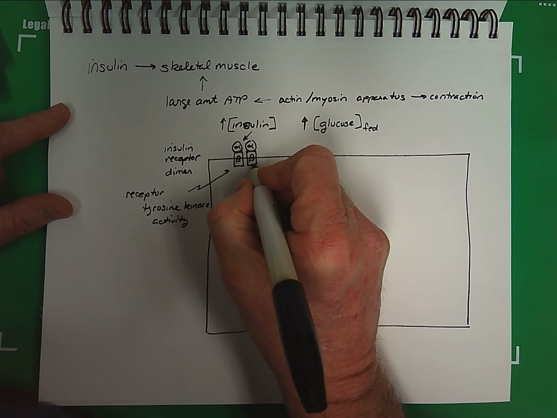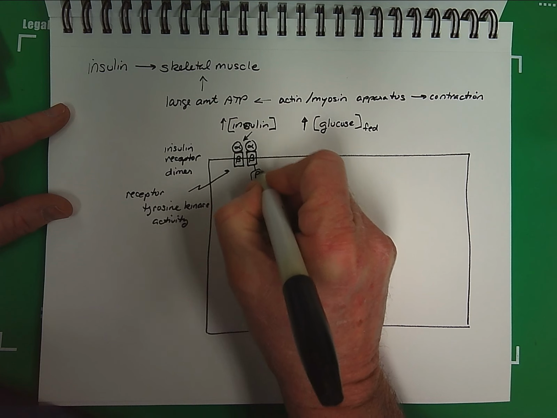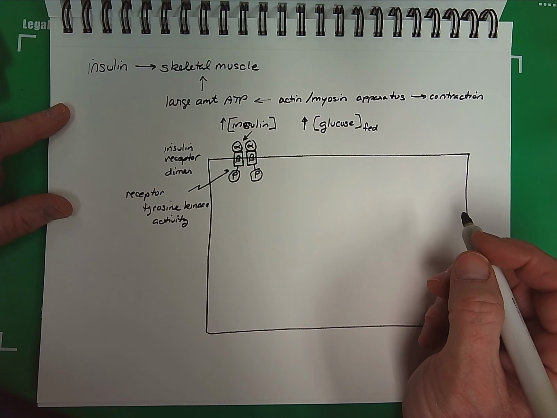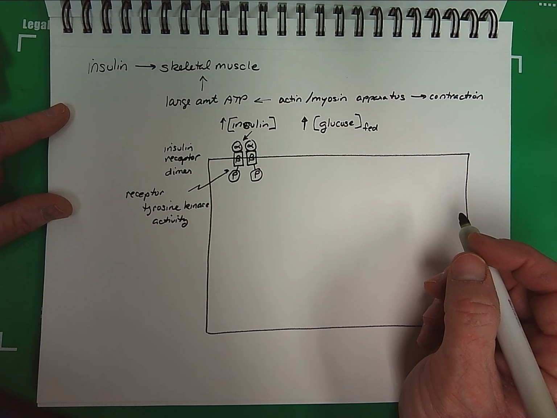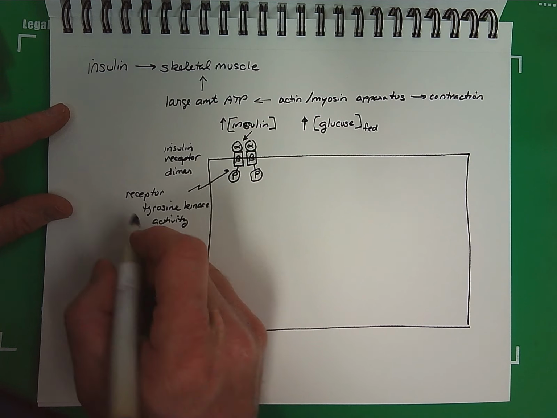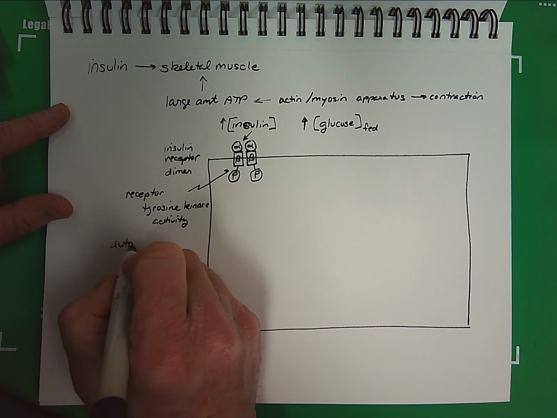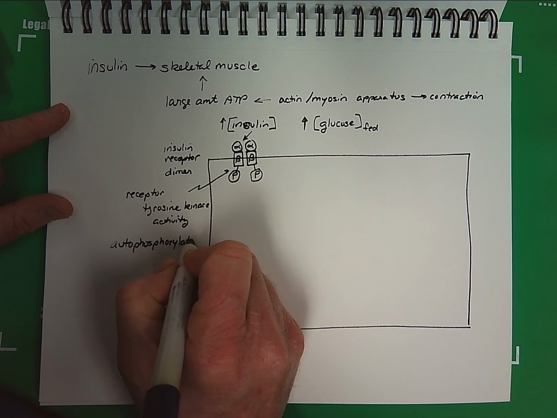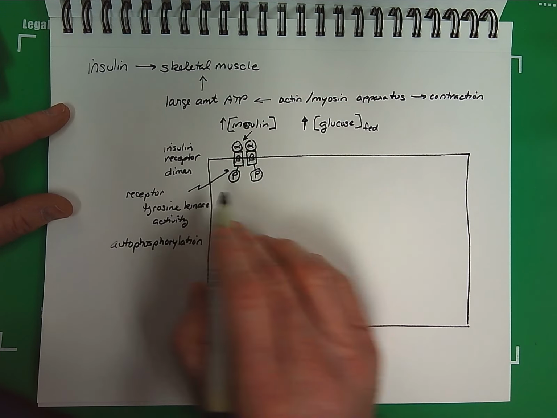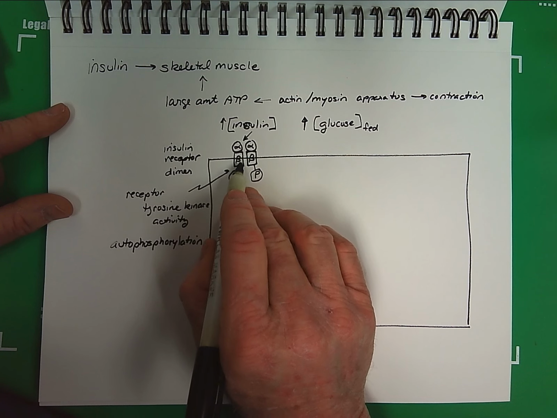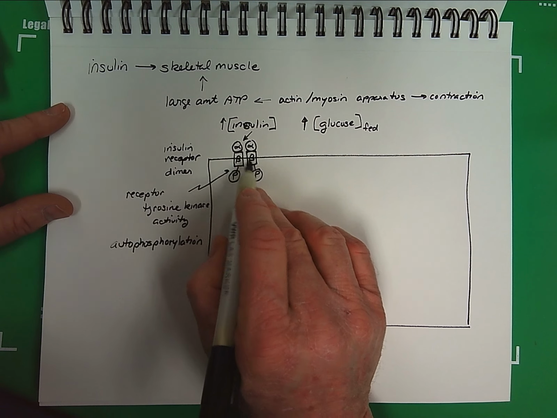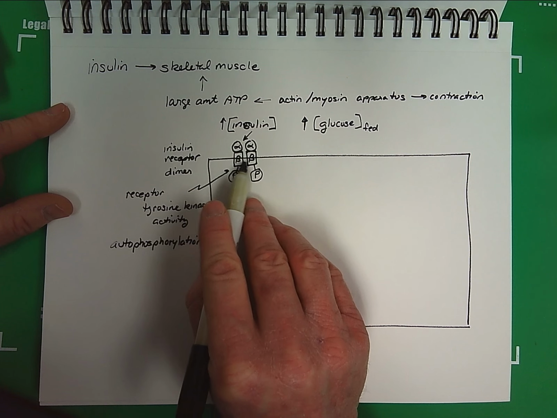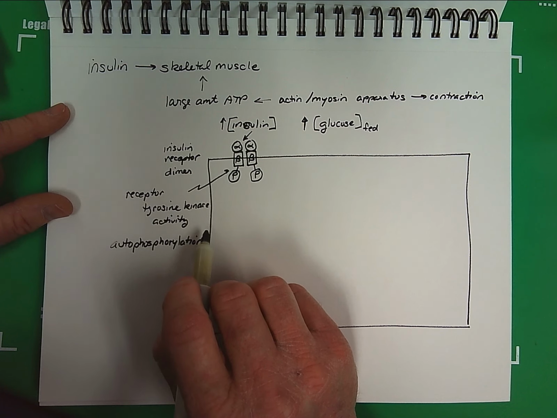That is going to induce the phosphorylation of the cytoplasmic tail of the receptor. This process is called autophosphorylation, simply because each beta subunit has a kinase and it phosphorylates the other. So this beta will phosphorylate this one, this beta will phosphorylate that one.